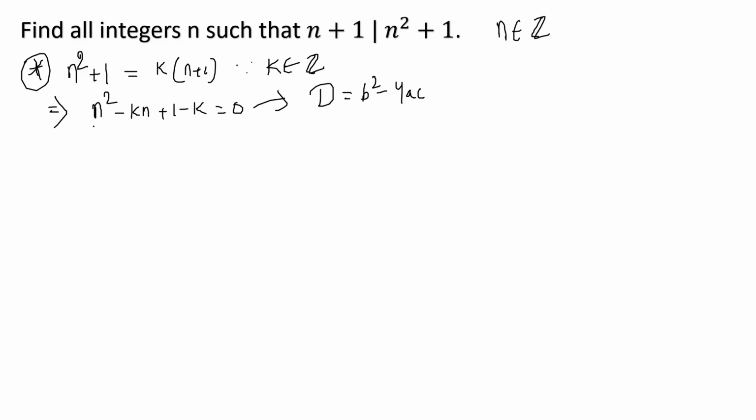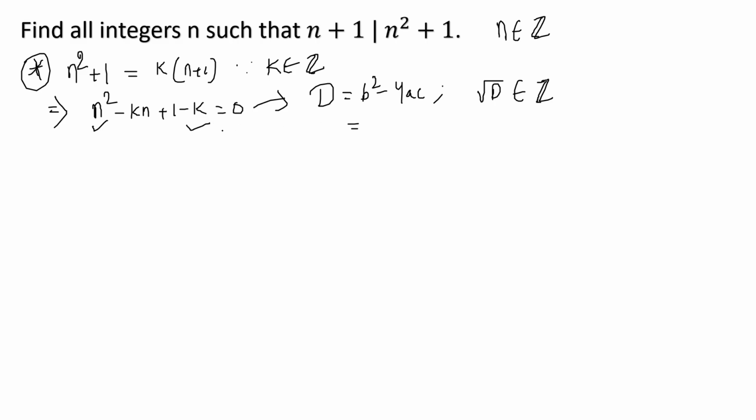Since the solution is for n, which is an integer, the root D term that appears inside the solution must also be an integer. Because if it is not, then n becomes a radical, a surd. So if root D is an integer, that means D must be a perfect square. That is, b square minus 4ac from this equation must be a perfect square.